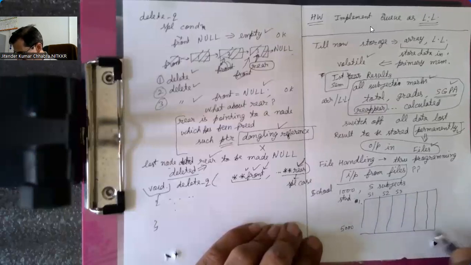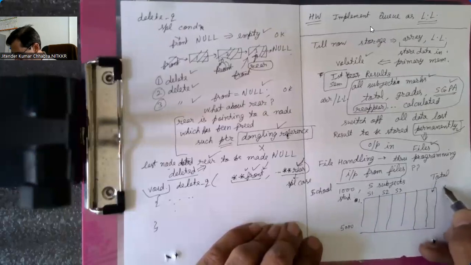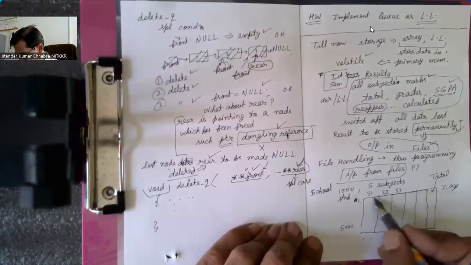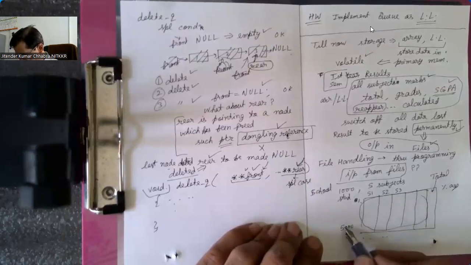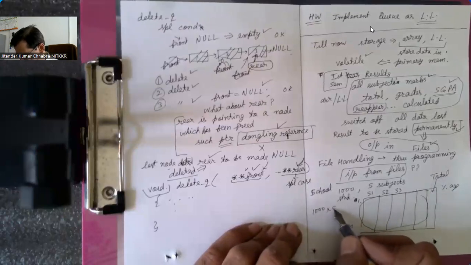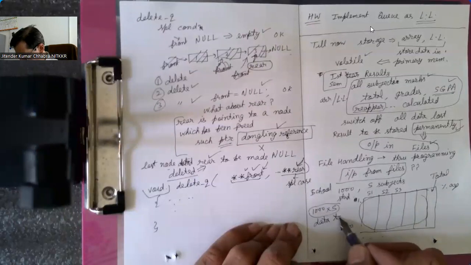Based on that, let's say I want to find out each student's total and each student's percentage, etc. Effectively I have 1,000 students into 5, this much data to be inputted, to be read.